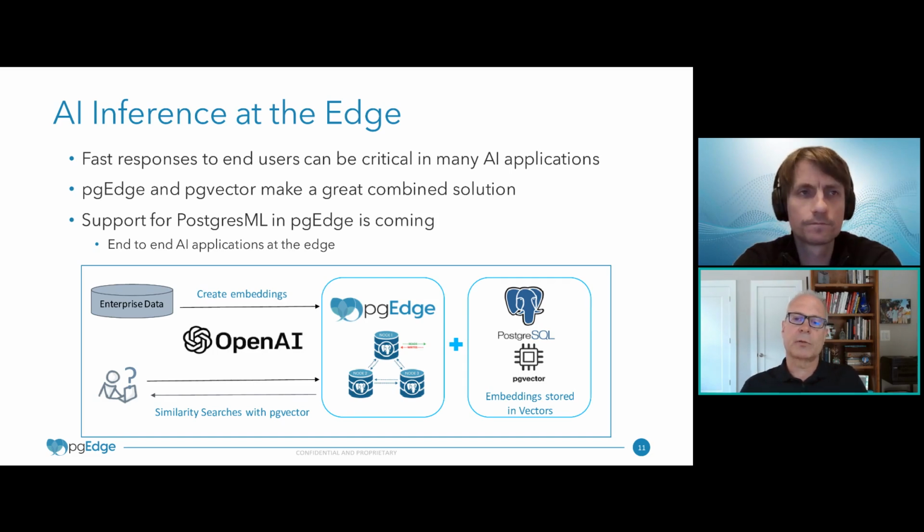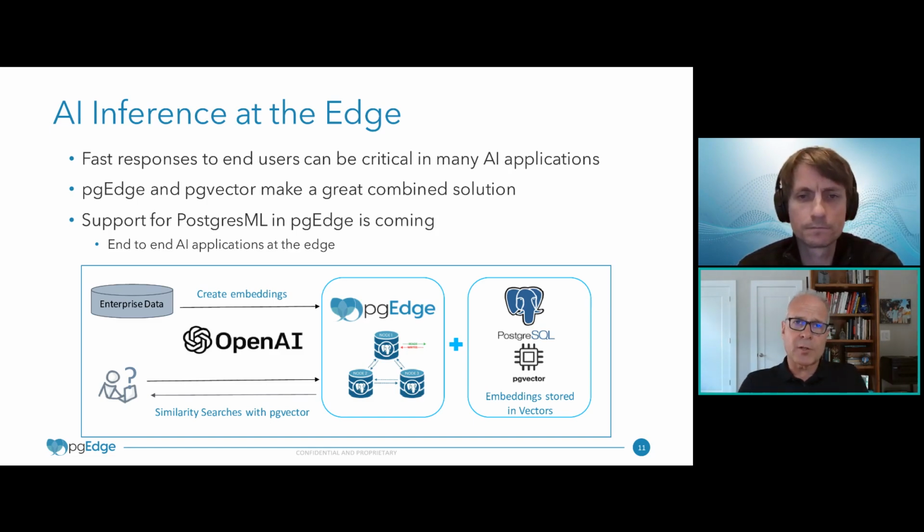So you don't need to go to one of these specialized vector databases, and you can have your vector embeddings in the same database as your other data, and perhaps the data that leads to those embeddings. So that's actually a pretty exciting combination, to put pgvector together with pgEdge and get AI processing, AI inference happening closer to where the users are.